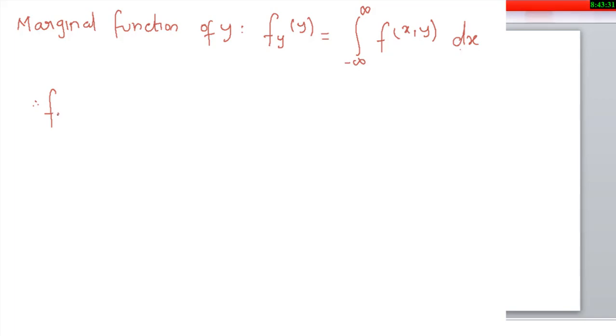I'll be getting f of y is equal to, now we have already seen in the previous one, since limits are not given, the limits are in the question itself. It has mentioned in the question u of x is there, no? So u of x is nothing but a step function. It is defined as 1 for what range? From 0 to infinity.